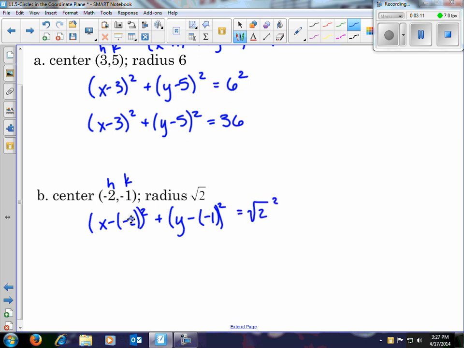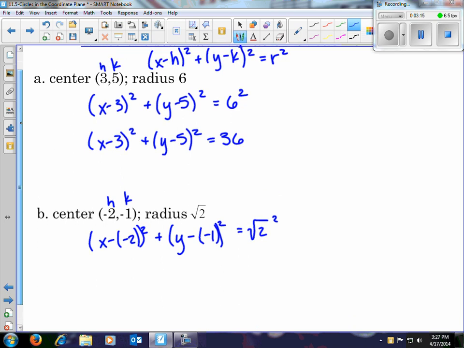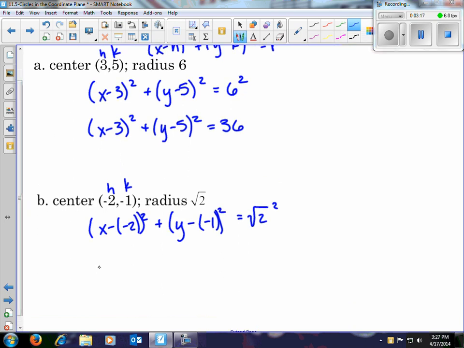Now, the reason I have minus negative 2 is because my equation has a minus sign in it. So if I have minus negative 2, then this is going to change to x plus 2 squared plus y plus 1 squared equals the square root squared is equal to just the number underneath the house, which is just 2.